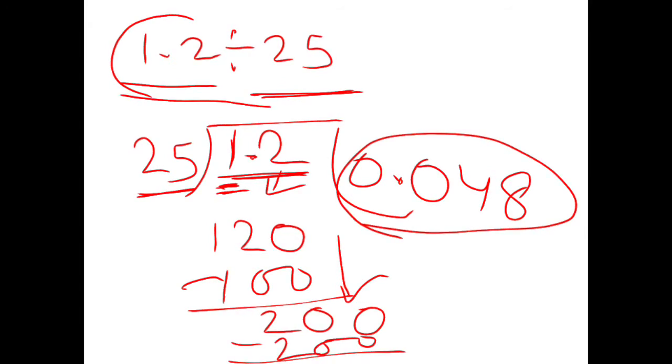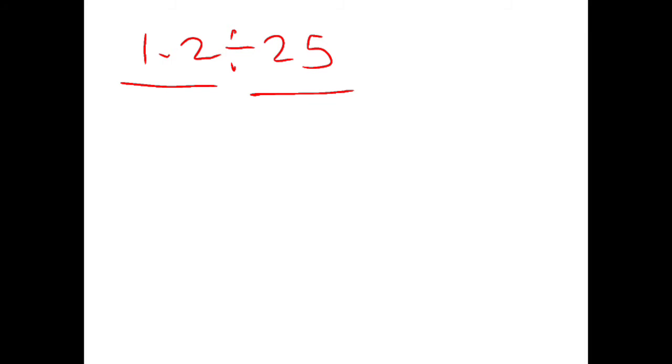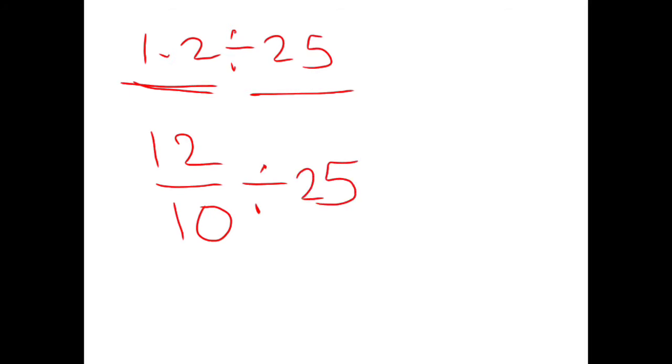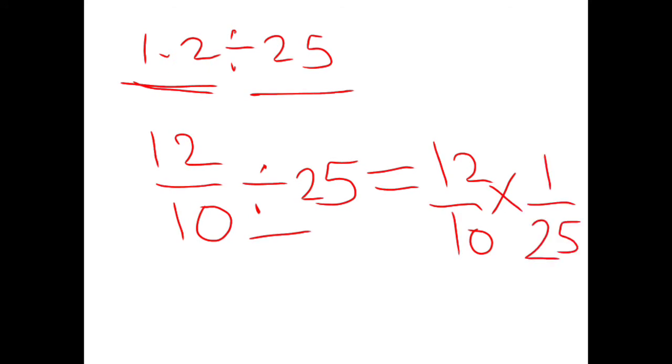To solve this type of question, another method is also there. Let me explain that also. First we can remove the decimal. Like we can write 12, then 10, then divide by 25. Okay, then another way we can write 12 upon 10 and divide by 25 means multiply by 1 upon 25, because we are doing the reciprocal of this 25, that become 1 upon 25.